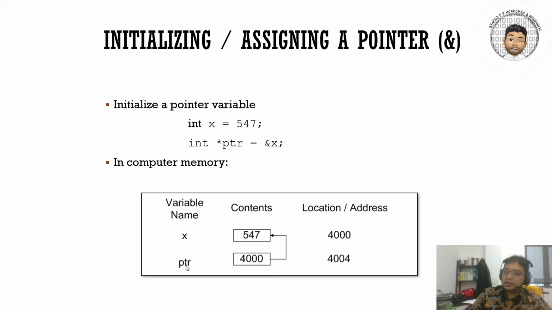The pointer stores the address of x, so here 400 is the address of x. So when you look at the value the pointer points to, you understand that the pointer holds the address of x, which leads to the original data.